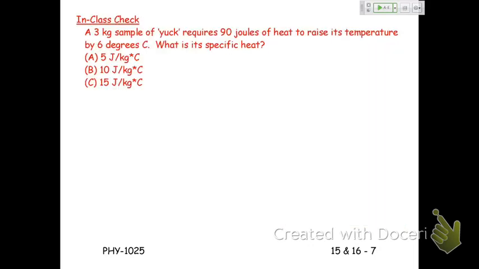Okay. A 3 kilogram sample of yolk requires 90 joules of heat to raise its temperature by 6 degrees. Let's do this together. What is its specific heat? Specific heat is the amount of energy I need per kilogram per degree C. So I have 90 joules, and it was 3 kilograms, and it was 6 degrees.